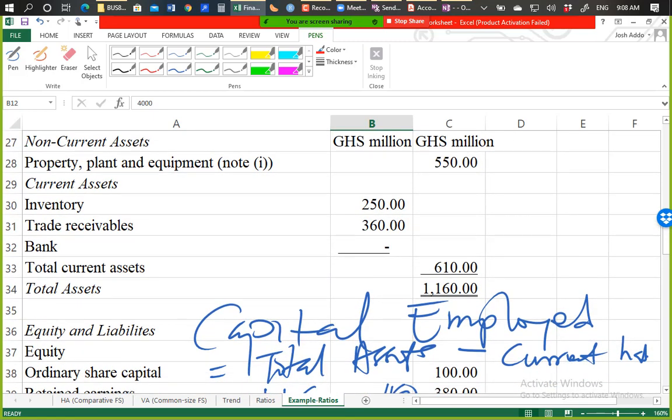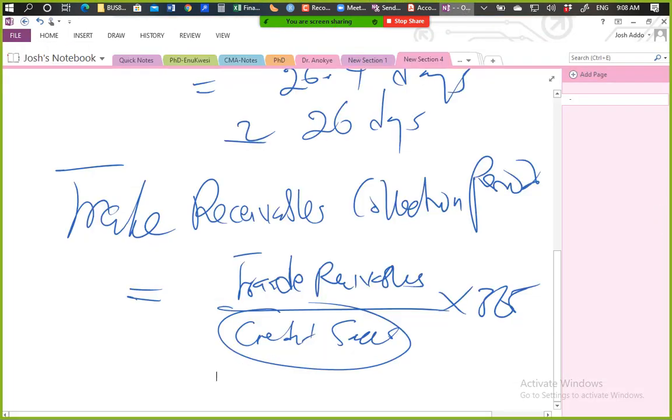Current assets, trade receivables of 360 divided by credit sales of 3,000, 75% of 4,000. Please check for me, 75% of 4,000. 3,000. Yes, 3,000. So this will be 360 divided by 3,000 times 365 days.